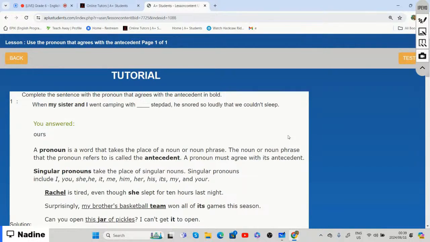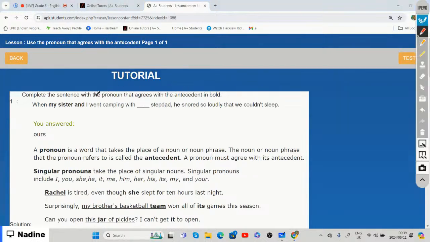Sister and I. So can you see, there we have our conjunction "and", and it joins my sister and I. Now it becomes two people doing something together. It becomes plural, right? So we can then say, when my sister and I went camping with our stepdad.